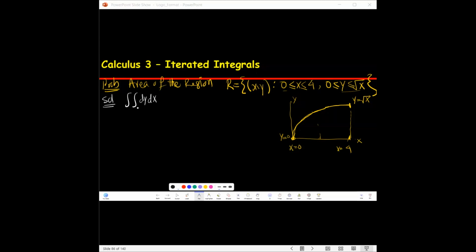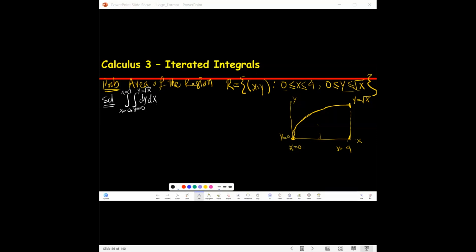Okay, dy is first. So y is going from 0 to the square root of x, and x is going from 0 to 4. The reason I'm writing x equals 0 and y equals 0 is just to make sure, the first time, we simplify it a little bit. You don't have to write it this way; just writing 0 is enough.